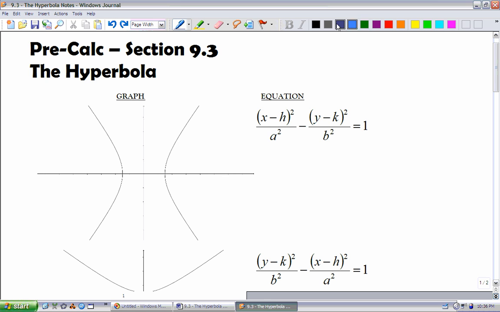A couple things that we need to get out of the way here quickly. H, K, just like the ellipse, is the center of the hyperbola. Okay? A is the distance to the endpoints of the horizontal axis.